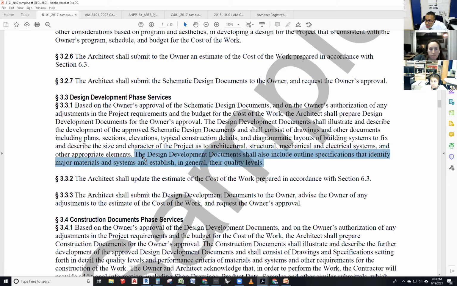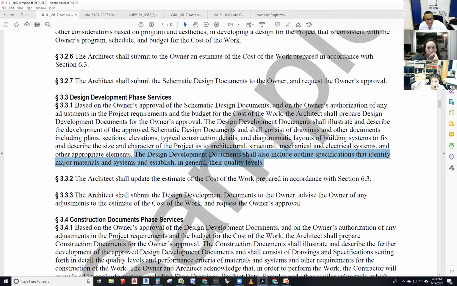This is the first time we see the spec book being used. And it may be just outline, division 00, division 1, division 2, division 3. And within those divisions, we're going to talk about generally how the masonry should work, how the concrete should work, and how much of it, and the quality of that. How much of it will be shown on the drawings, but the quality levels of that, all right?